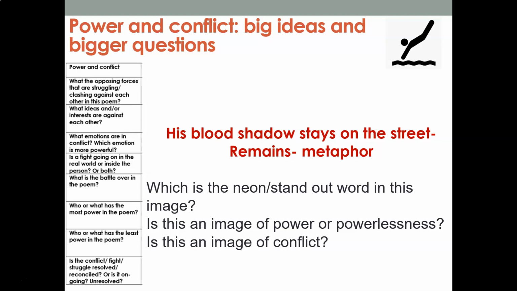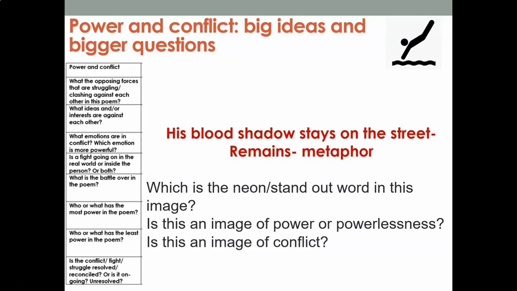So is this an image of power or powerlessness? Is this a powerful moment in the poem or a moment of weakness, of being taken over by something else? And for our soldier, what's he conflicted about? Is it external? Is he at war with something outside of himself, or at war with something on the inside? Or could it be a bit of both?